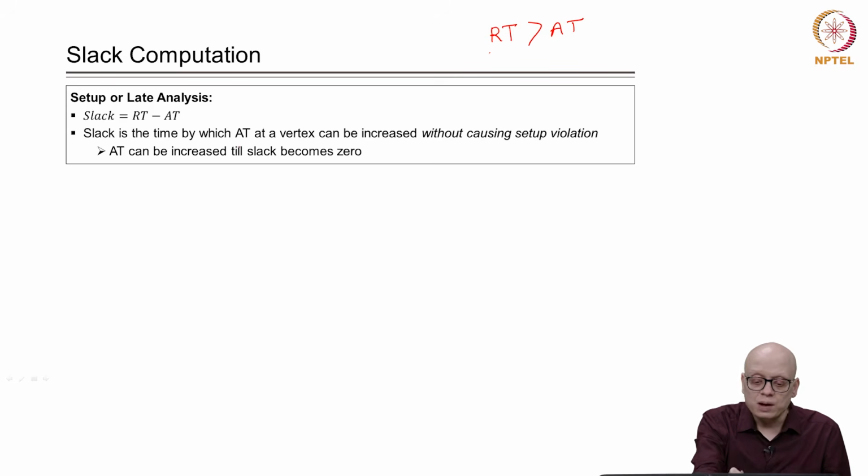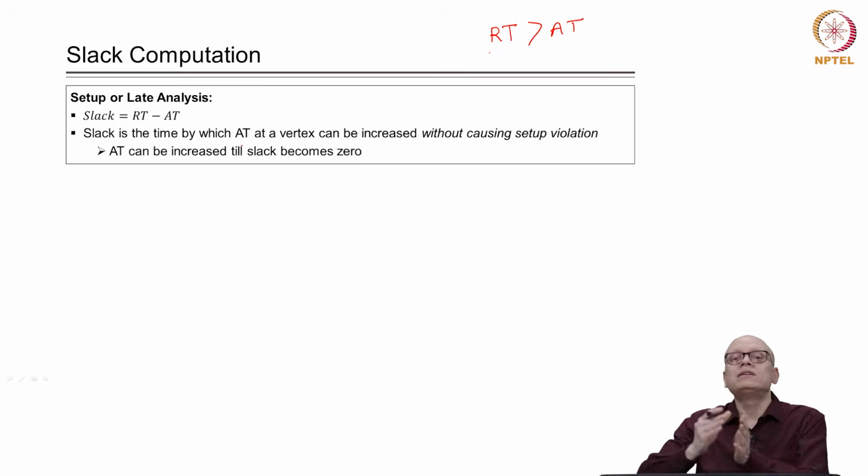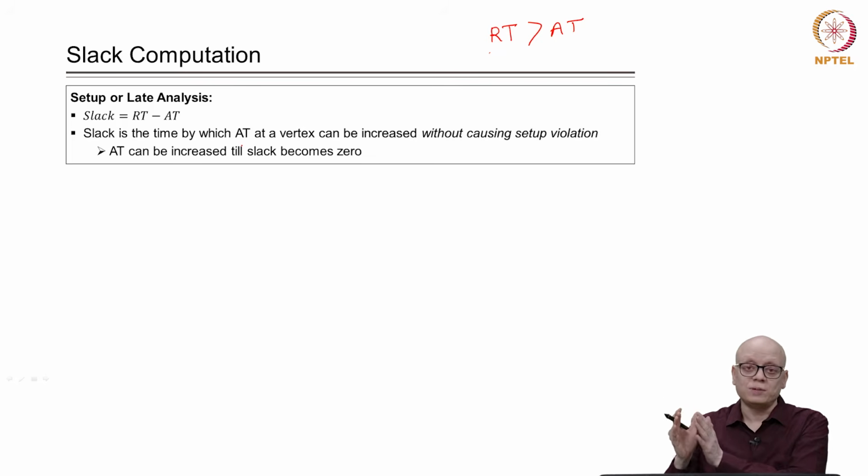The slack is the time by which arrival time at a vertex can be increased without causing setup violation, right. So, the slack is basically showing us a margin that we have in increasing the arrival time at a given vertex for the setup analysis case.